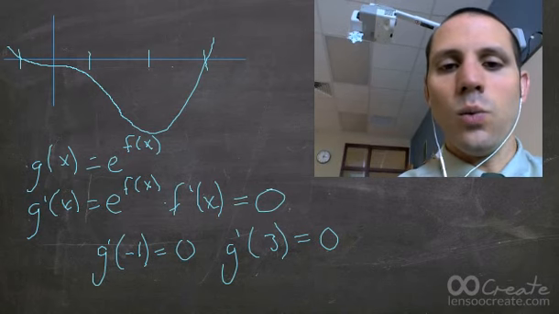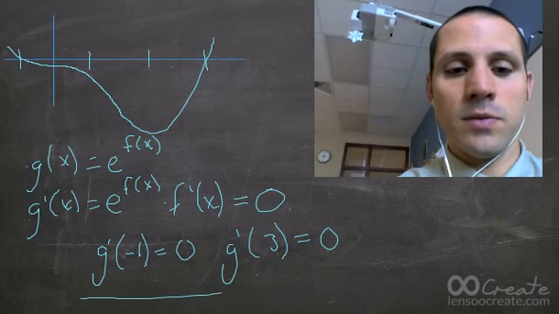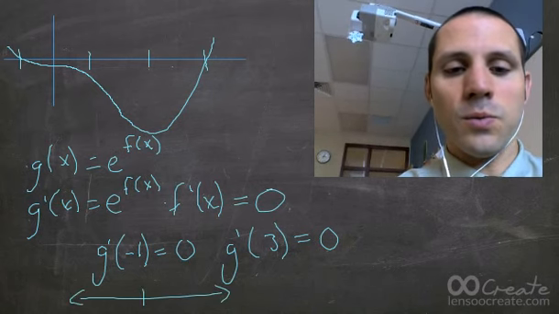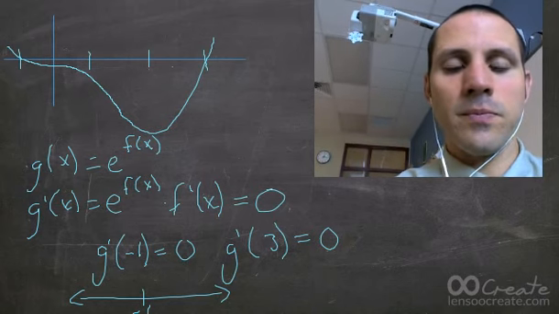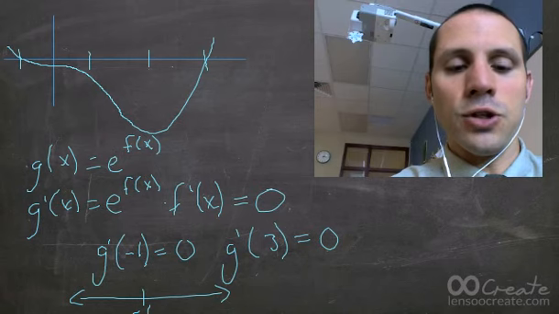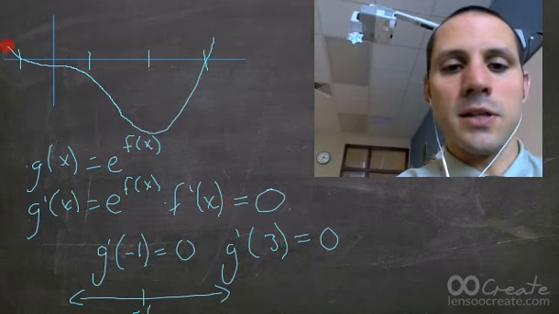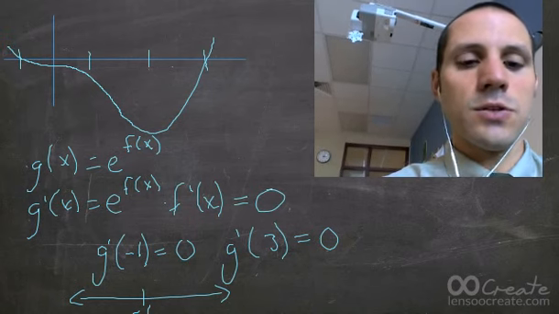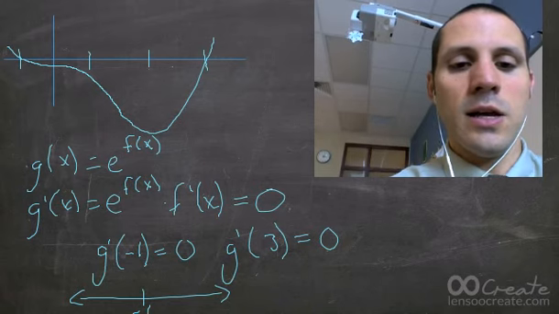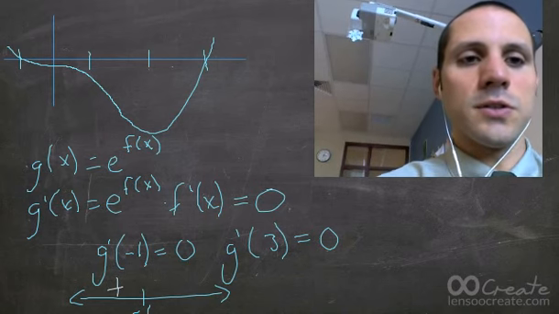So we look at it. When we do our derivative test, if I put in right before negative 1, g prime is going to be positive because f prime is positive and e to the f is always positive. So positive, and then afterwards, f prime is negative.